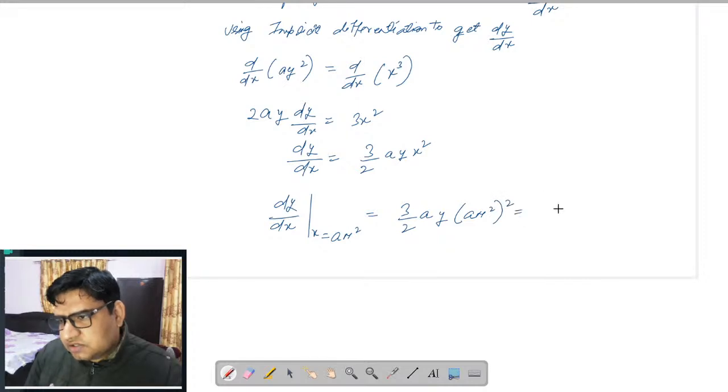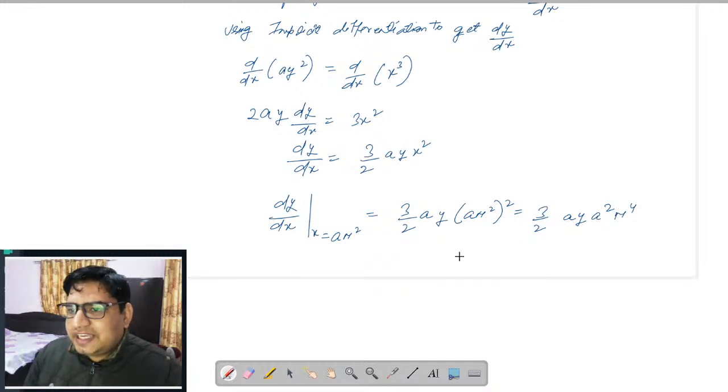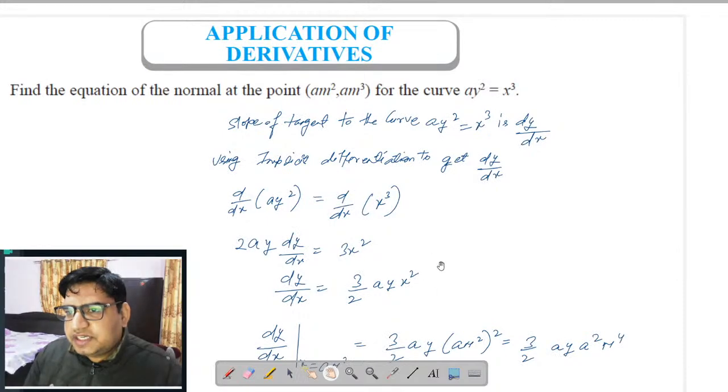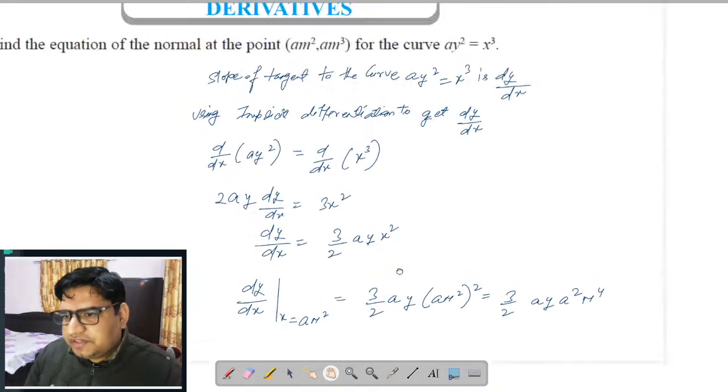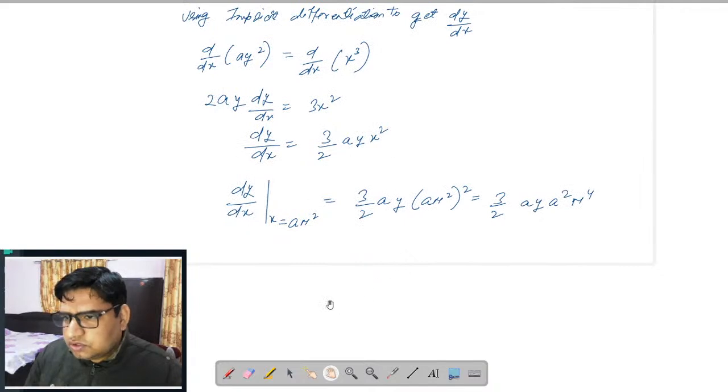With x is equal to a m square, that will be 3 by 2a y times a square m to the power 4. Or we can find the value of y, since y is given as a m cube, so we can substitute that as well.